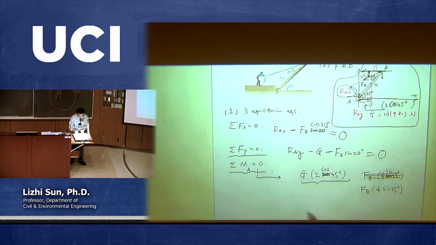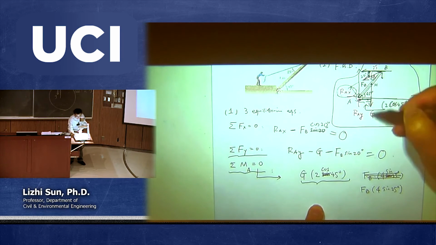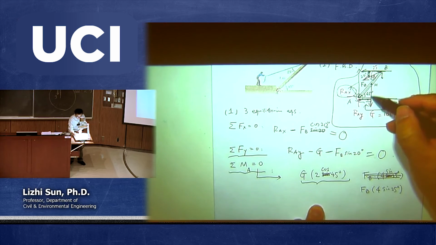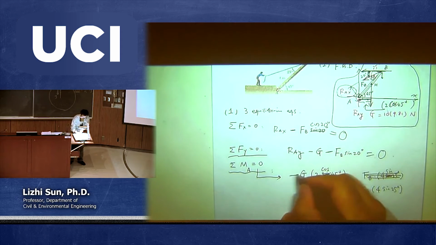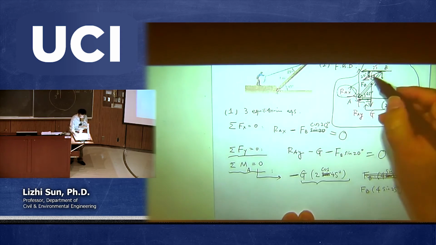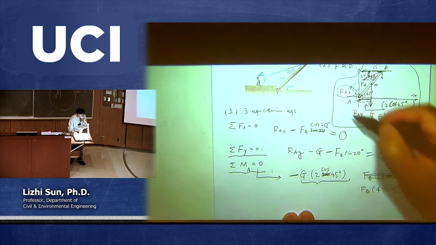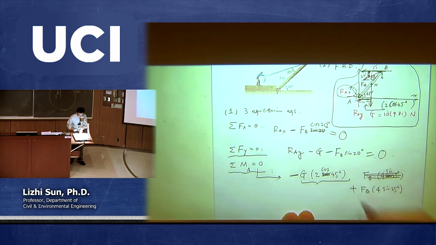And I forgot to give you the directions. In terms of force G, it's going down. If you hold point A, this force G has the potential to rotate the rigid body clockwise, so it has a negative sign in front. And then this force has counterclockwise rotation, so that's positive, and that equals 0.